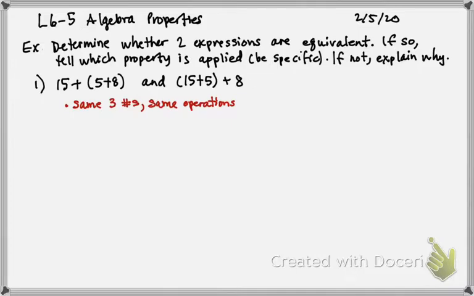So we are going to check if it's actually the associative property. So what we're going to do is solve each of those expressions and see what we come up with. So I'm going to write them again. Over here we got 15 plus the quantity 5 plus 8. And we're going to leave it blank because we don't know if it's true. And then we have 15 plus 5 plus 8.